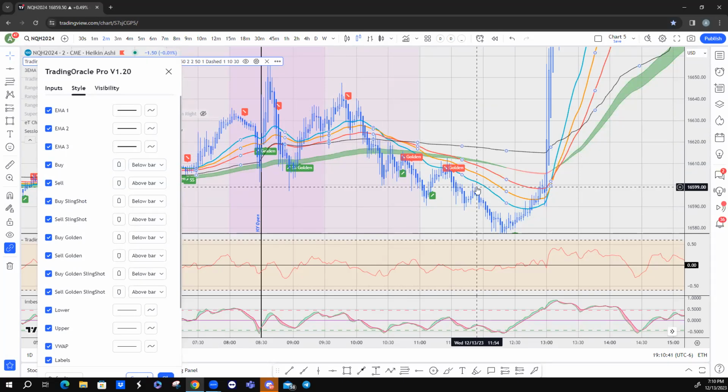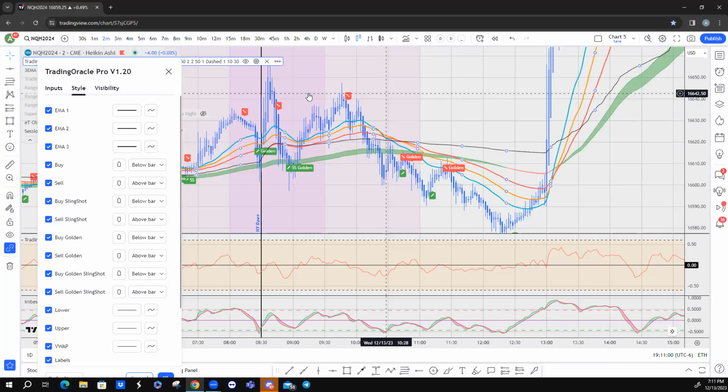So depending on your sensitivity settings and time frame, those can just appear on the chart for you, which could be really cool. But that's going to take a little bit of work to see what suits you as an individual trader.